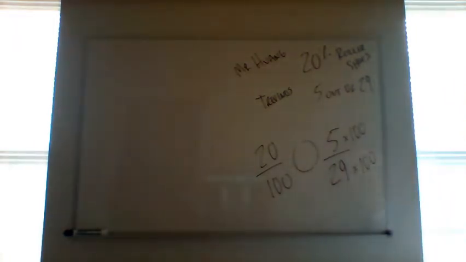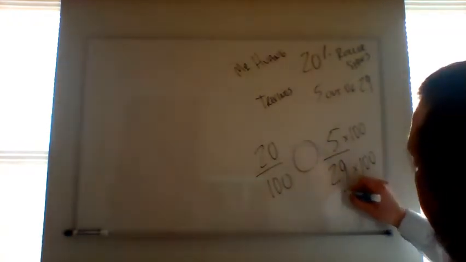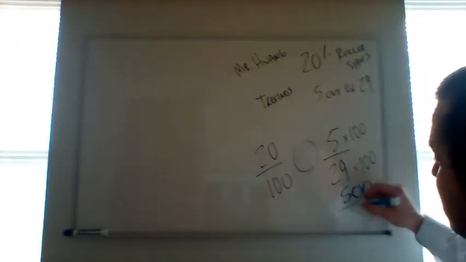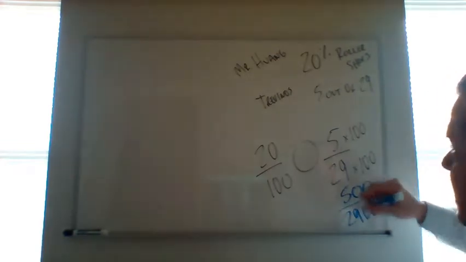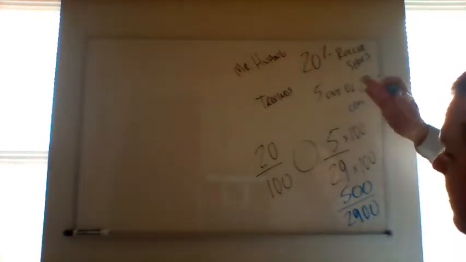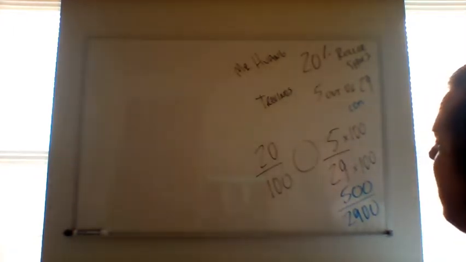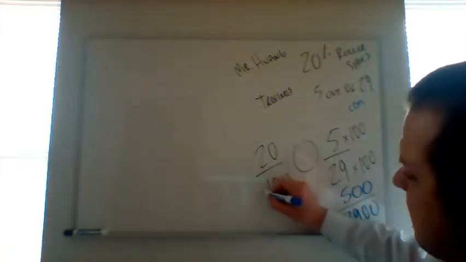And that would give us, let me get my blue marker out here. I lost it. There it is. So 5 times 100 is 500 over 2,900. This is using the LCM, the method that we used last time. And then this side, we could multiply this by 29.